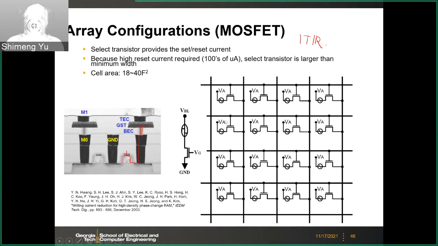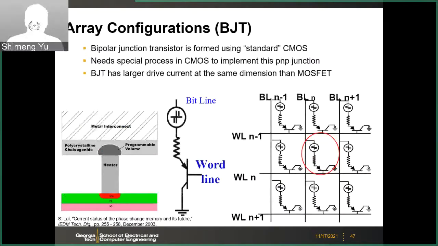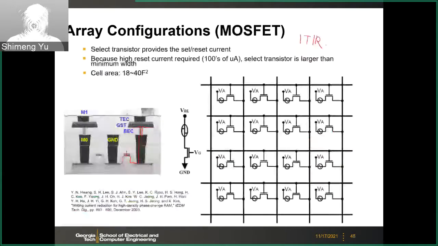So this is the 1T1R array, and you know this is like a NOR array or DRAM array, right? Because this is like random access. And in the phase change memory, sometimes people use BJT as the transistor. So normally when we say 1T1R, by default, we think this is a MOSFET, okay?